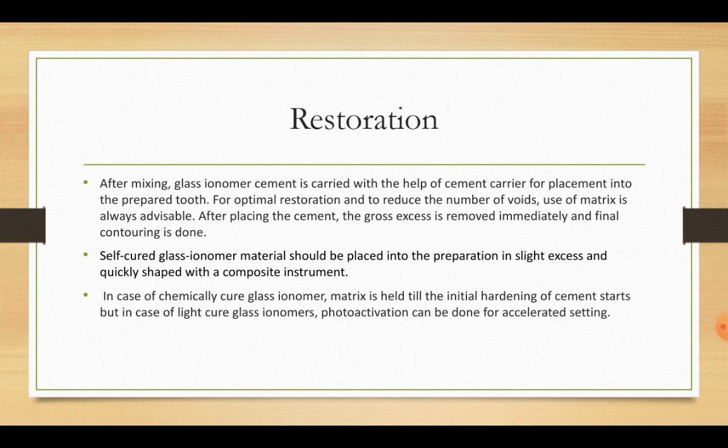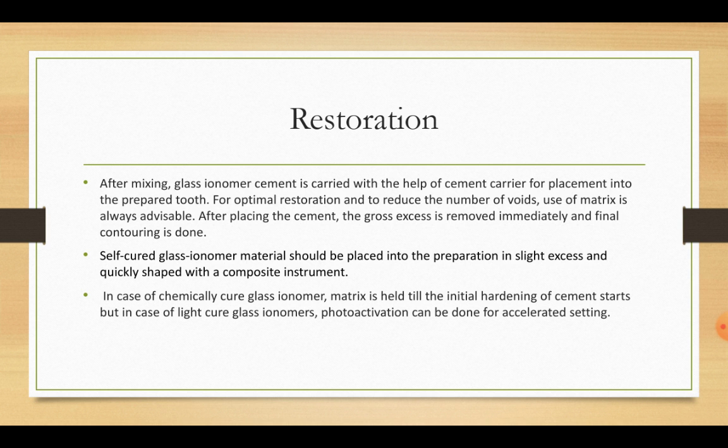So the moment you place the cement, the gross excess should be removed, and it is also important that the material should be placed into the preparation in slight excess, so that when you do the gross contouring, the restoration doesn't go under the margins of the cavity.